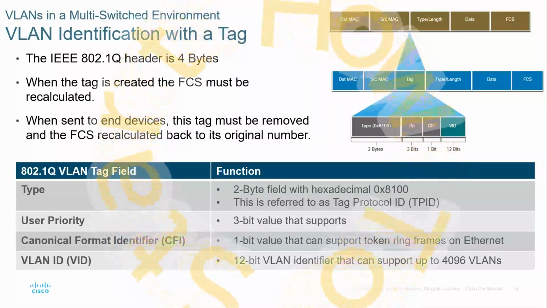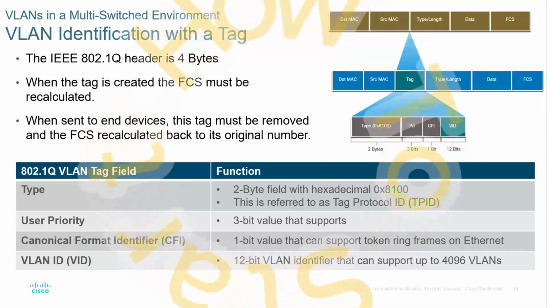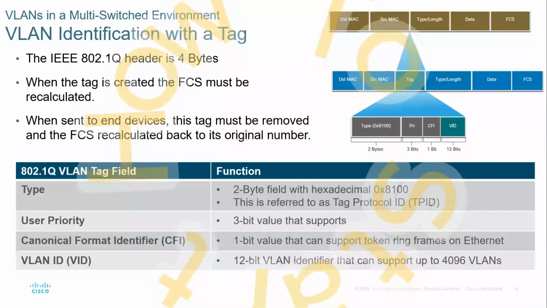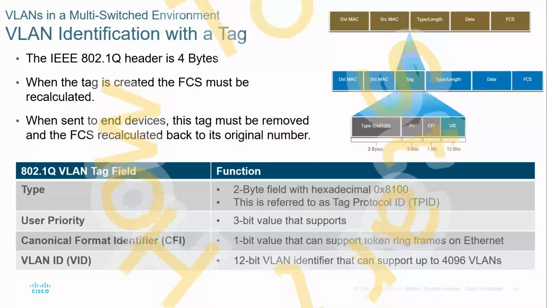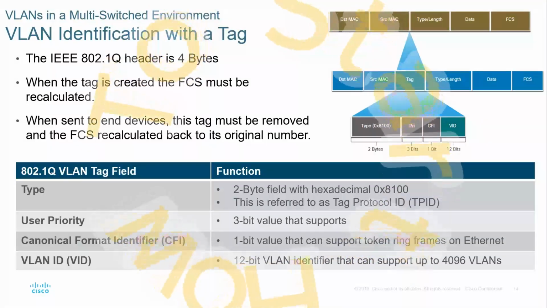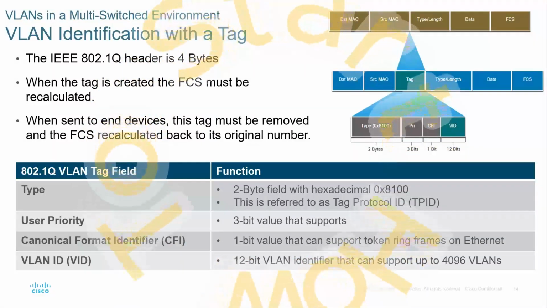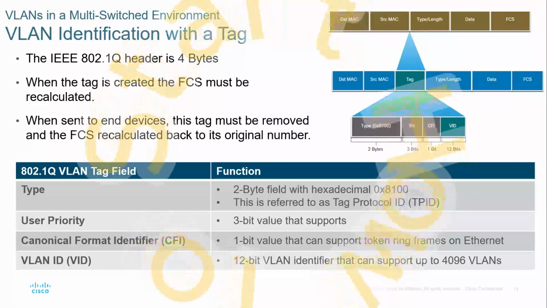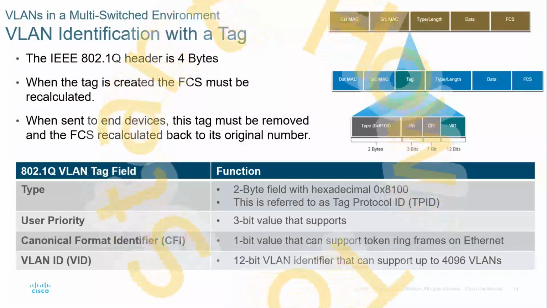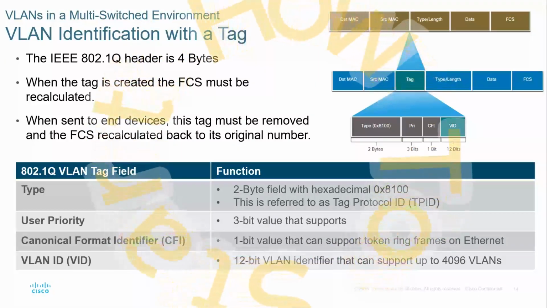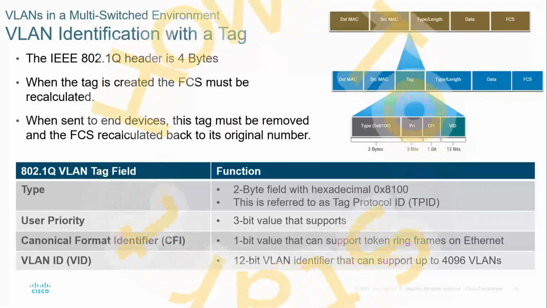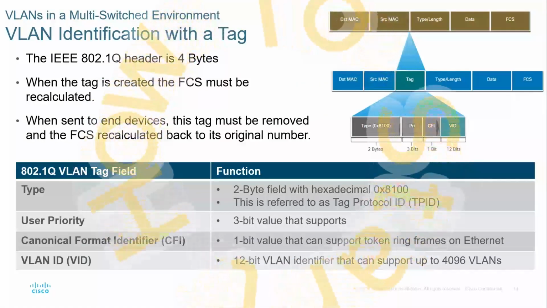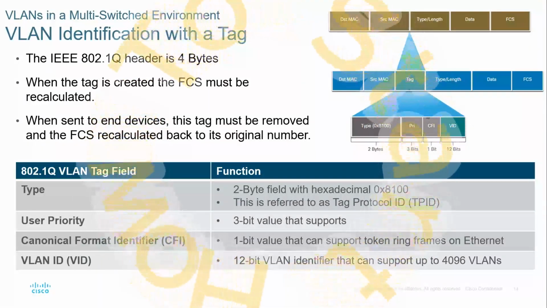This will be the tag protocol ID. The user priority will be the PRI. The CFI will be a 1-bit value that can support token ring frames on an Ethernet network, not really used anymore. And the VLAN ID basically allows us to have an ID between 1 and 4096 different VLANs.